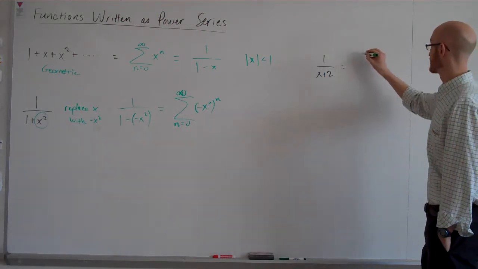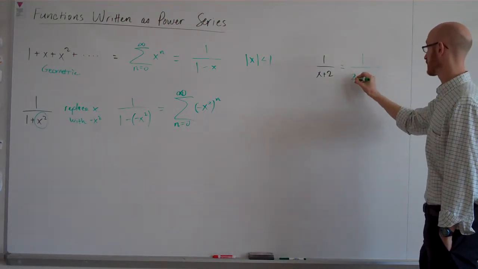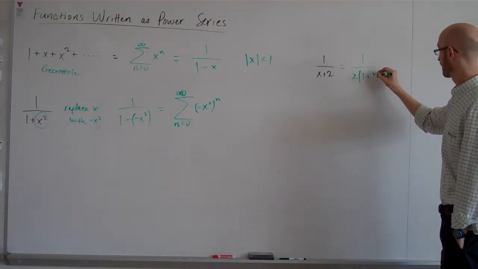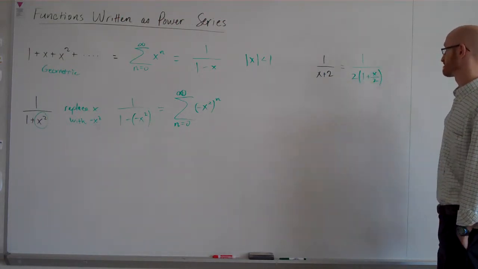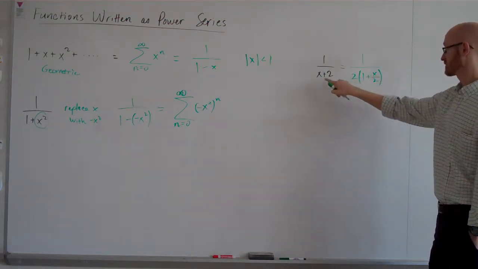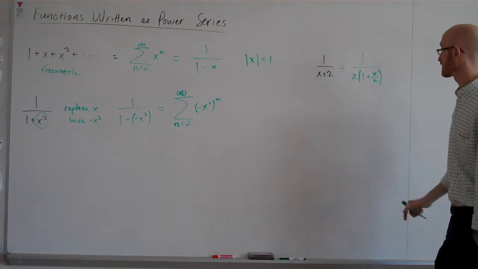Hopefully you've done that. So we can actually rewrite this in the following way. Two times 1 is still 2. 2 times x over 2 is x.